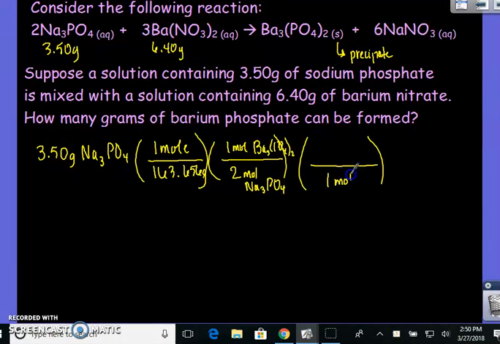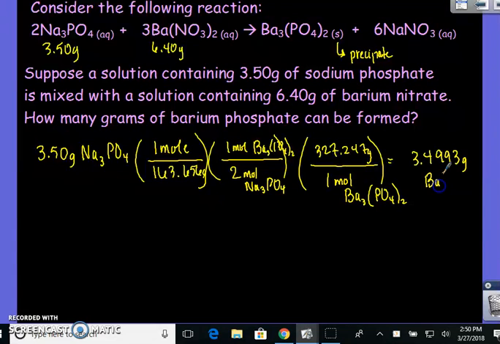And so for every 1 mole of barium phosphate, I have 327.247 grams of this stuff. Okay, and so I end up with approximately 3.4993. Now, I'm not going to do any kind of rounding yet until the very end when I would report my final answer to my instructor. So I'm going to keep everything the way it is and make decisions later on.